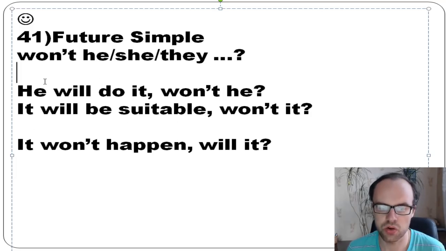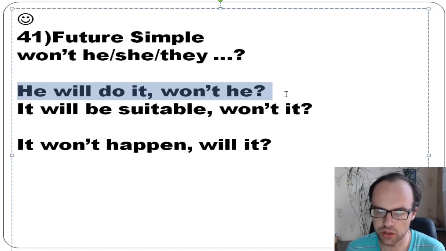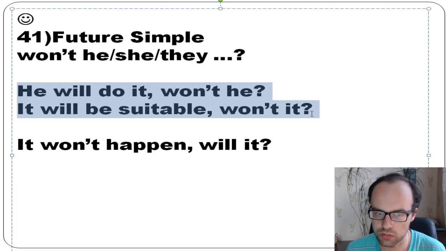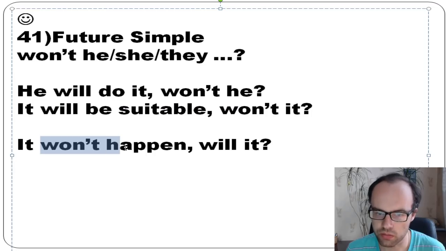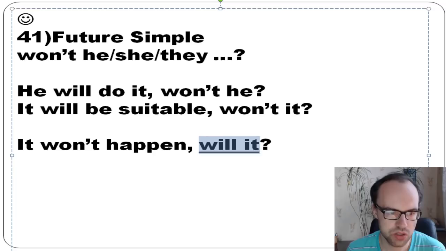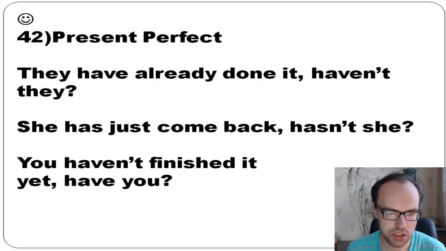So he will do it. Won't he? It means really. It will be suitable. Won't it? Really? So if it's a negative form, you need to use the opposite thing, a positive form. Look, it won't happen. Will it? So very good.